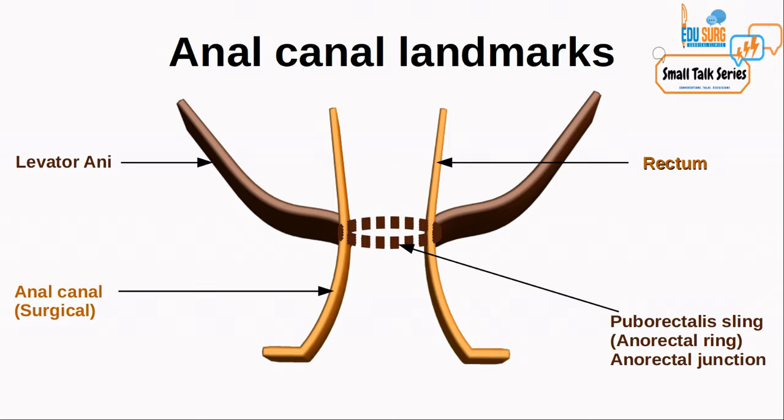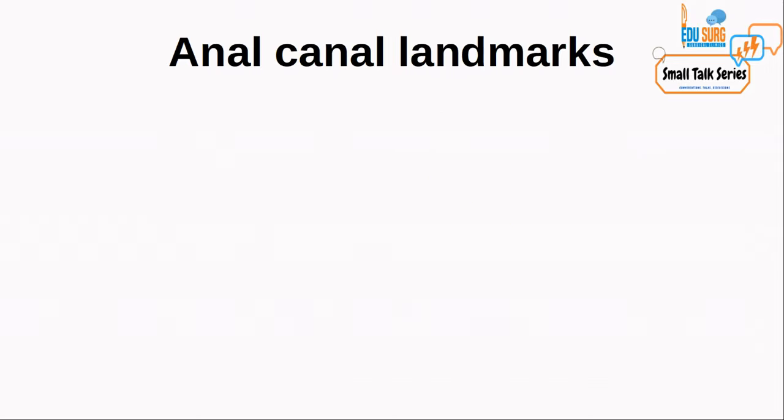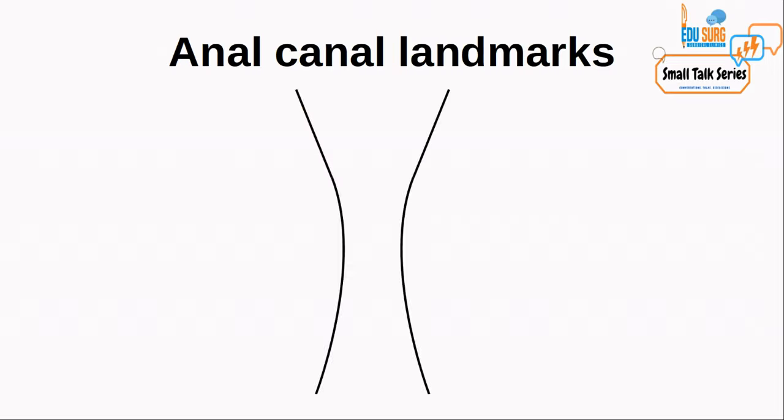This much is usually clear to everyone, but this is an oversimplified version of anal canal anatomy. Let us now see this in a bit of detail to understand the various terms that I am sure many of you would have heard, but which are confusing to most of us in our initial medical and surgical careers. When we discuss anal canal landmarks, let us try doing this from below upwards.